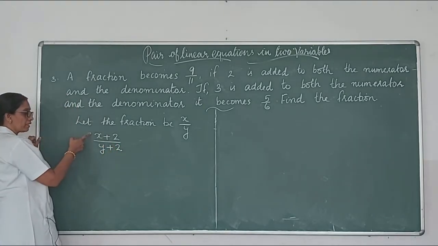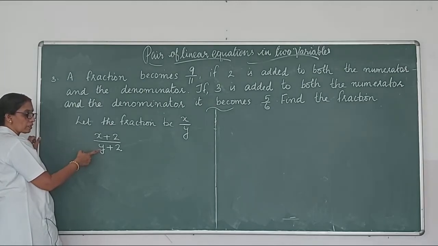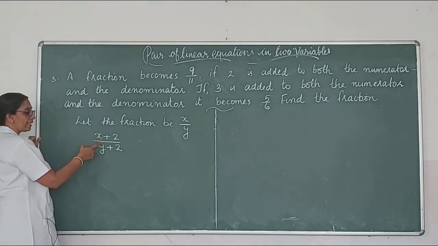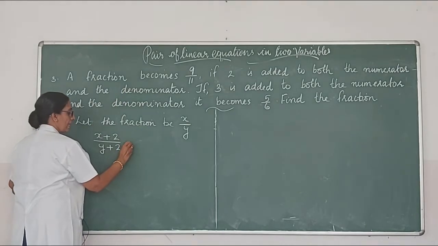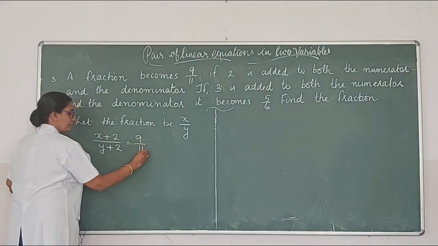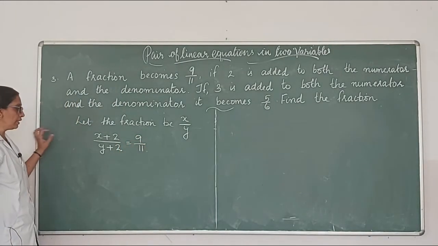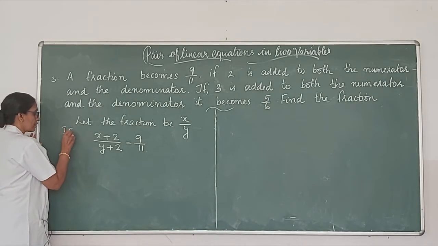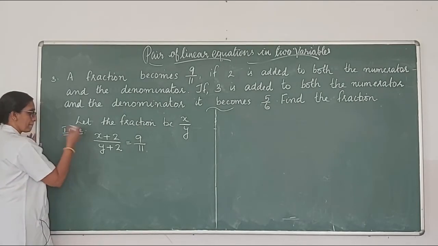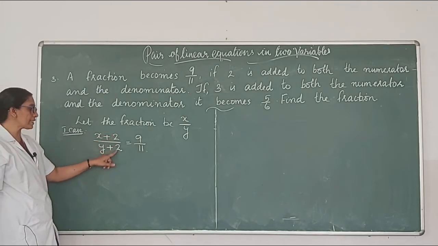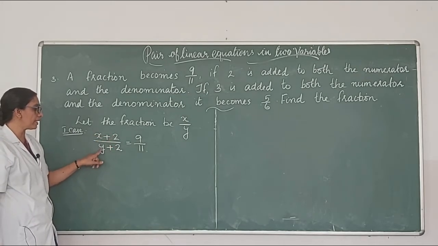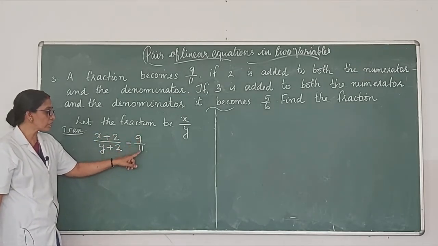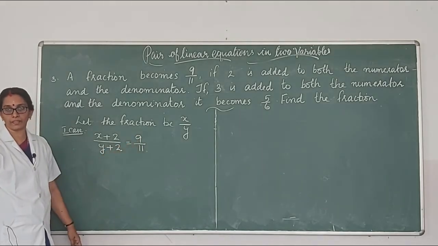So, the fraction becomes x plus 2 by y plus 2, and it is given that at that time the fraction will be 9 by 11. Okay, this is the first case.